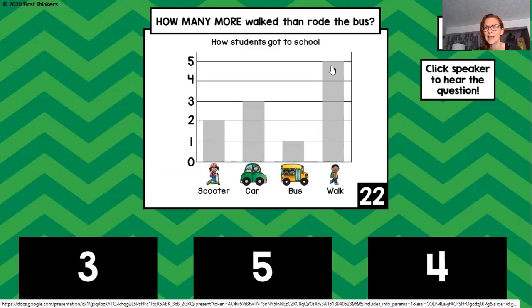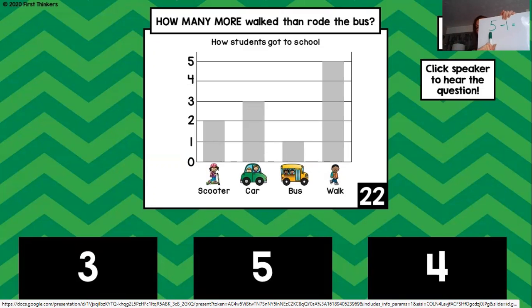Let's see if it works the same way by subtracting. Okay. How many walkers do we have? Good. And how many bus riders do we have? All right. So what number is going to go first in our subtraction sentence? The 5 or the 1? The 5, because the biggest number has to go first.